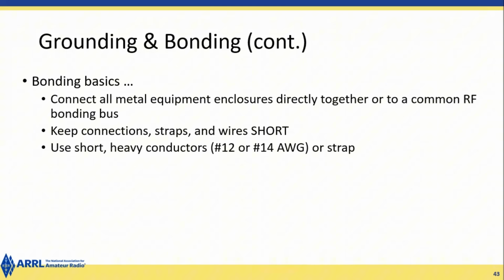Things you can do to help prevent that: you can install some filters. You can put chokes or use a ferrite core for conductors carrying RF current, to RF choke by winding it around a ferrite core. You can take a cable or wire, or they have these clamp-on things that work.